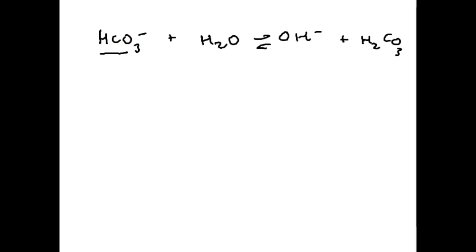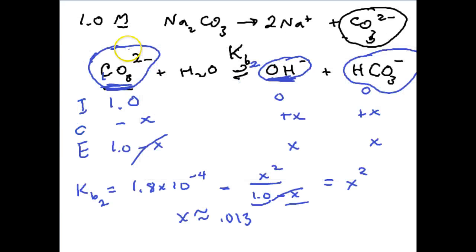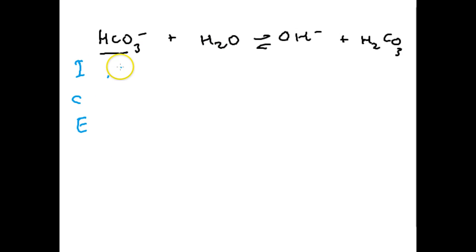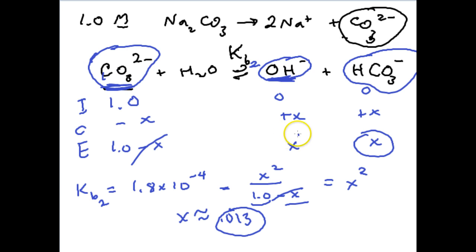I do the ICE chart. So HCO3 minus, how much of that did we have initially? Well, we had x amount of it, and I'm approximating x to 0.013 and hoping this works. And how much OH minus did we have?